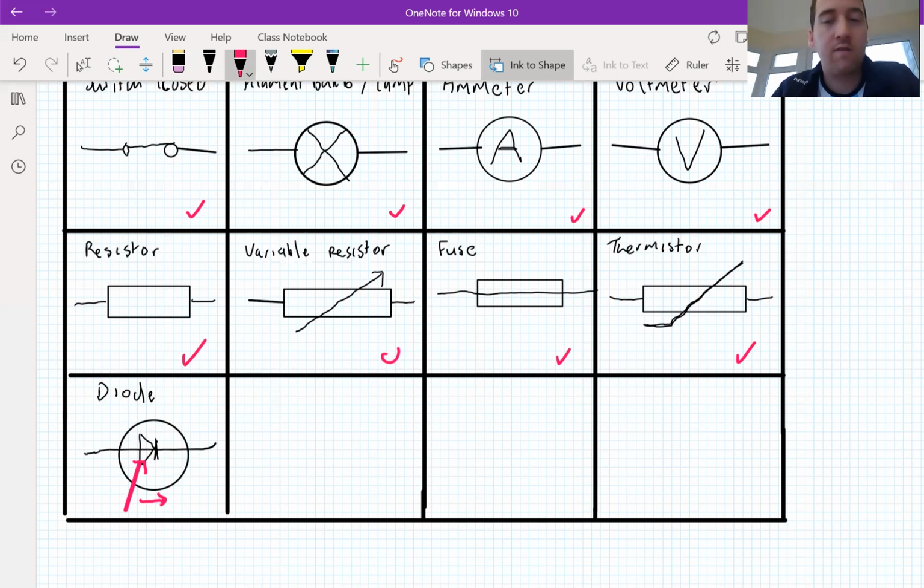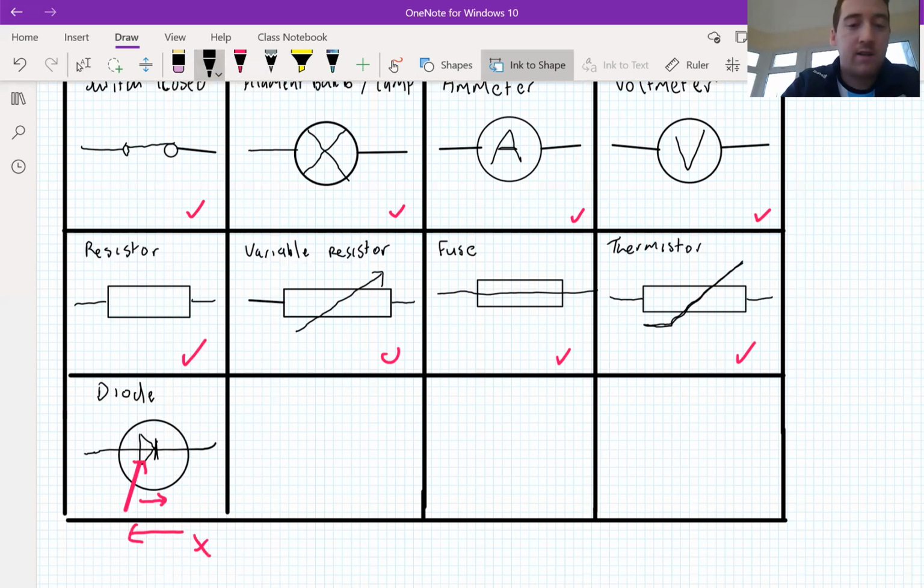So it lets the current flow from left to right here. If I twisted it around and put it in the opposite direction, then it would allow the current to flow in the other direction, from right to left. But it allows it to flow only in one direction. It will not allow it to flow backwards. That is a diode.